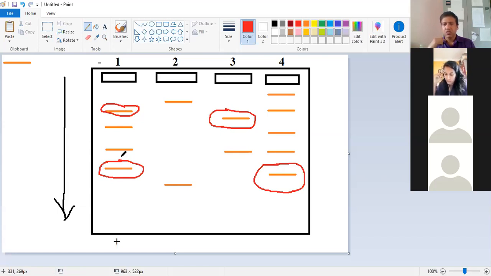If you have any question, you may ask. If time permits, I will demonstrate agarose gel electrophoresis in our lab. Do you have any question?